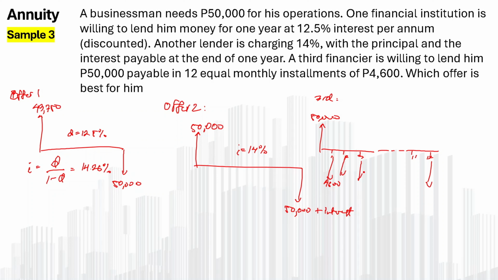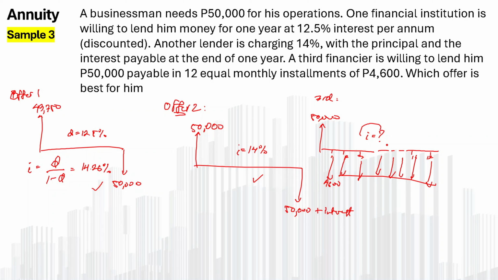So, let's put 4,600 there. The problem is we don't know the interest rate here. Remember, this is 12 equal monthly installments of 4,600. We know the interest rate for offer 2, so far offer 2 is really good. Here, we need to find the interest rate.